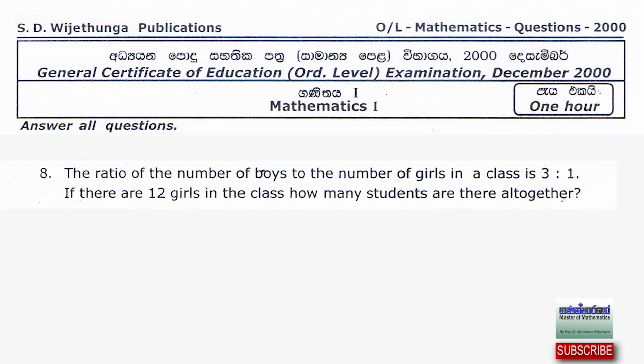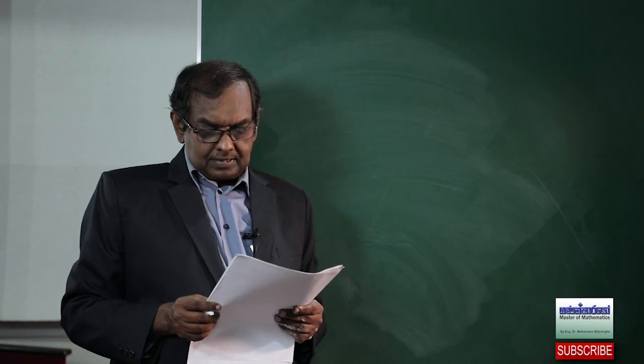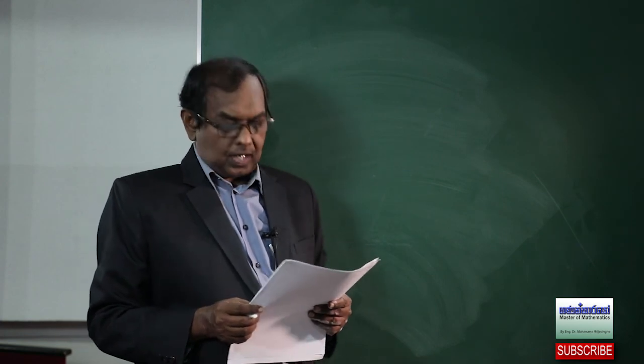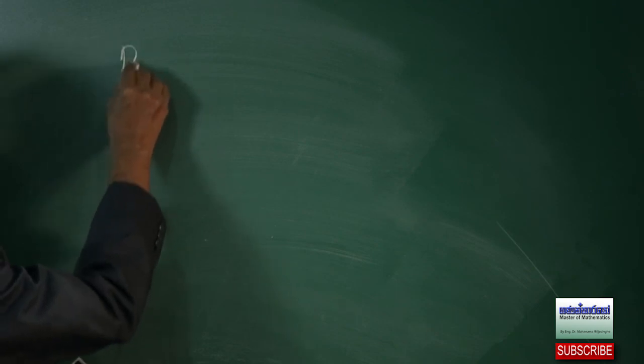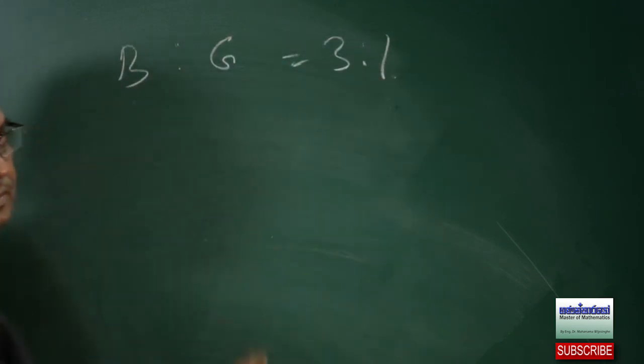Question number 8. The ratio of the number of boys to the number of girls in a class is 3 to 1. If there are 12 girls in the class, how many students are there together? Boys to girls, 3 to 1.